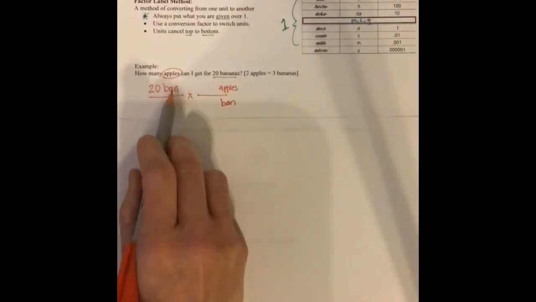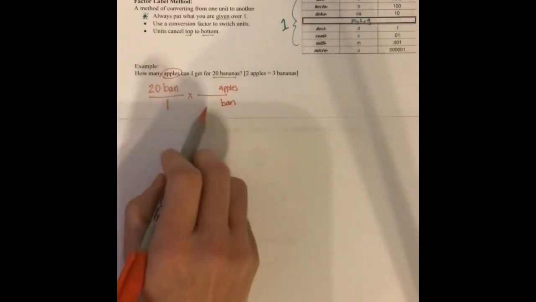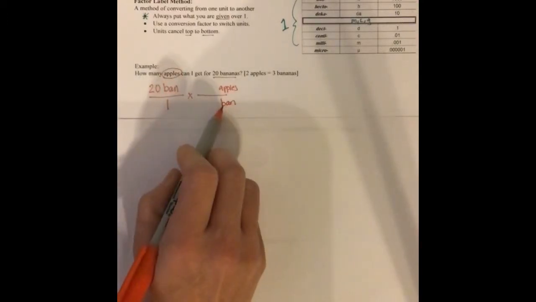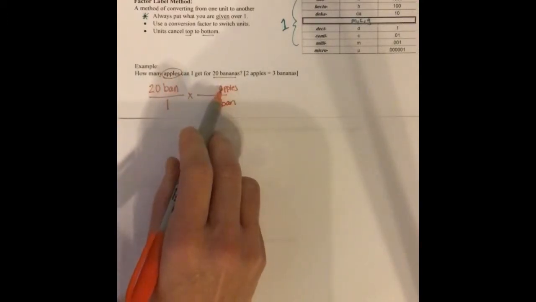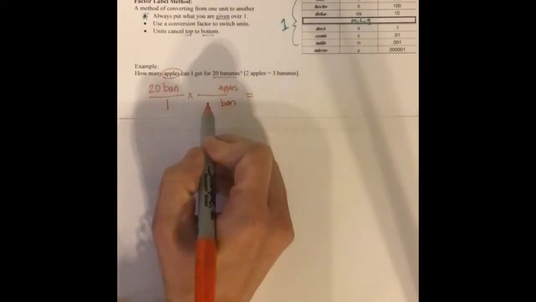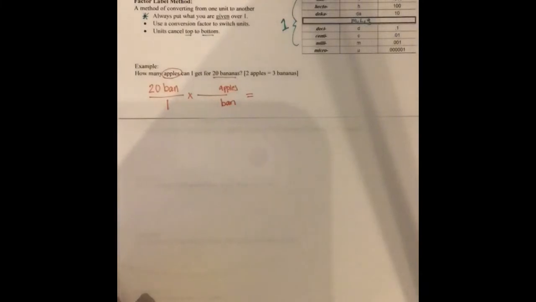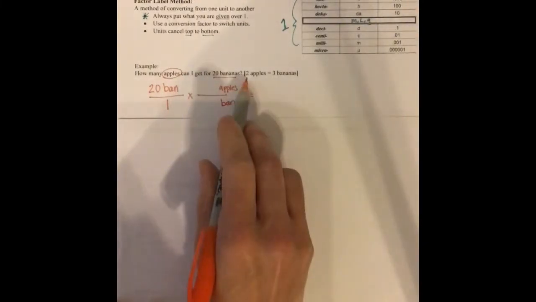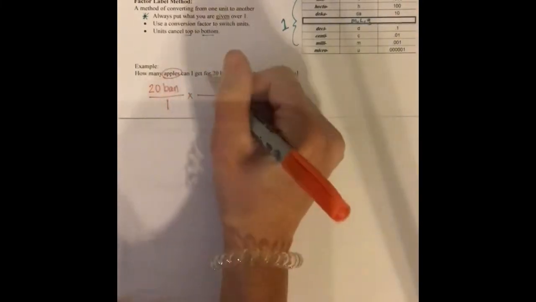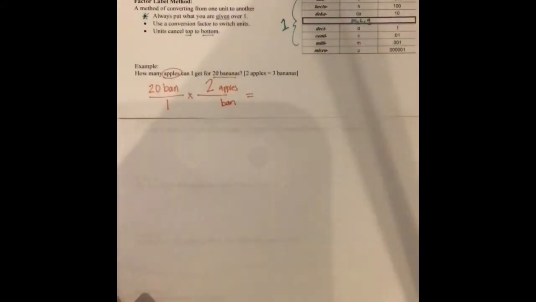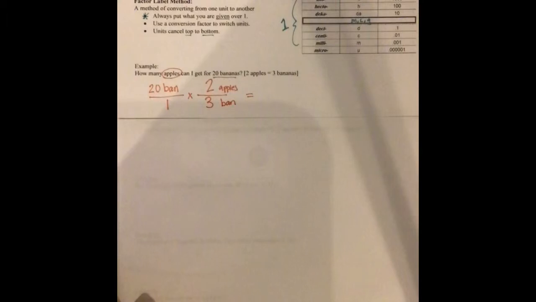If I put bananas in the top and cancel them in the denominator, I can find apples, which is what I want to find. Well, what do I put here for the conversion factor? They've given it to us. 2 apples is equal to 3 bananas.